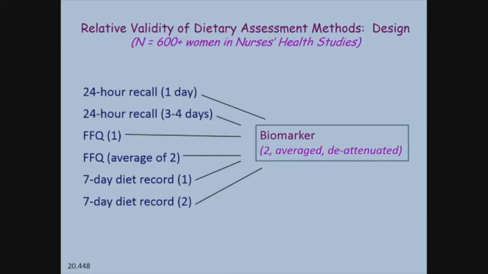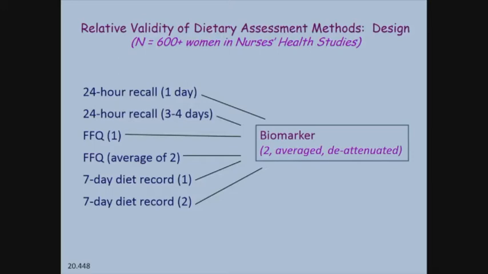Some other people have done that as well. The food frequency questionnaire provides a more integrated measure of intake, usually over a year or so. And then another classical method has been the 7-day weighed diet record, in which people weigh and record everything they eat for a day, and then it's usually done for a week or 4 days.